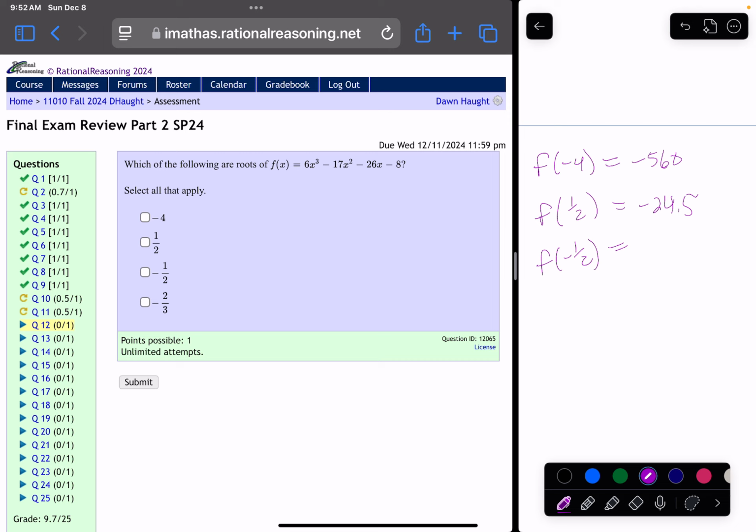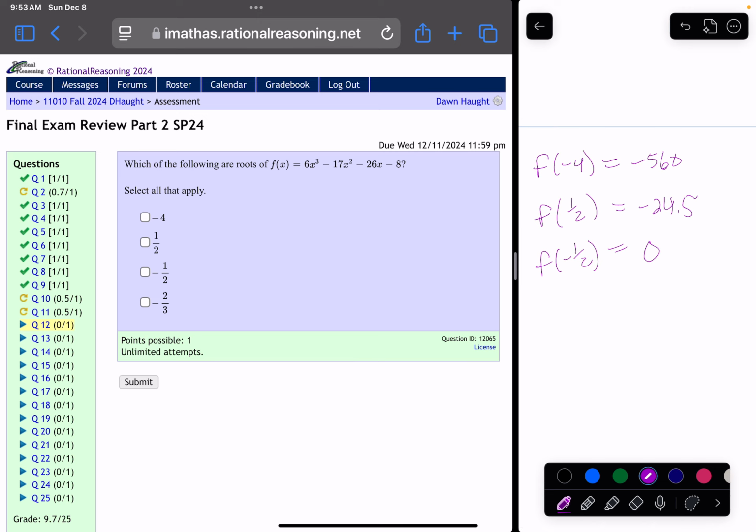Give me a second here to plug in -1/2. Almost there. Okay, and I finally get a 0.